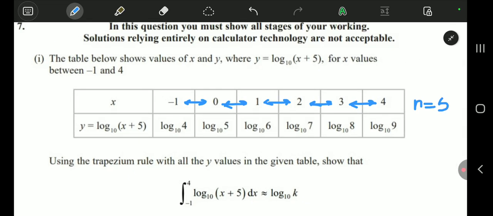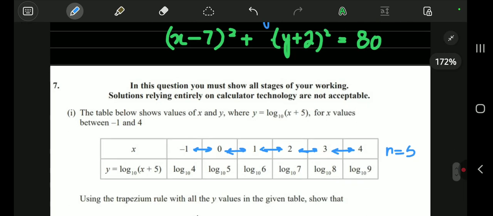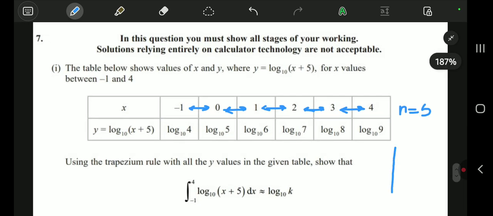It's like when you have a graph like this, starting from x values -1 to 4.